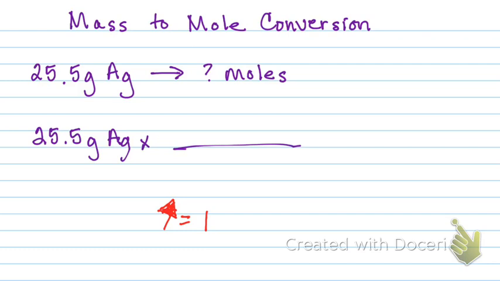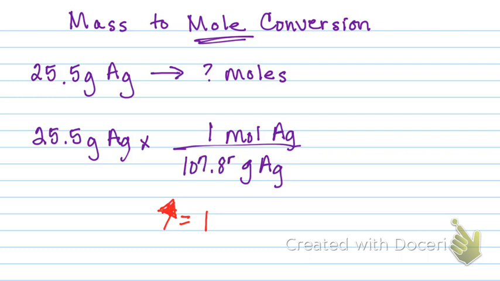Okay, so what do I want to put in the bottom? Well, I want my grams of silver to go away, and I want to go to moles. So in 1 mole of silver, look at your periodic table and tell me how many grams there are. The periodic table tells me 107.87 grams of silver.